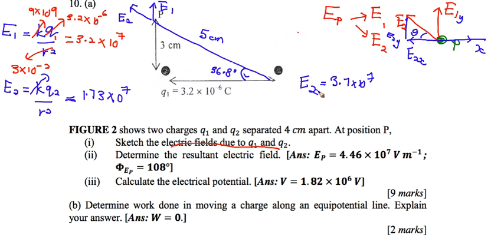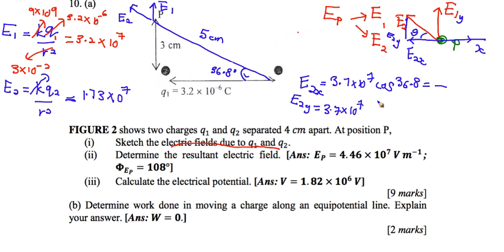This is E2x, sorry. You must use cos theta, where theta is 36.8 degrees. You can use the calculator here for your calculation. Or you can use E2y is equal to 3.7 exponent 7, resolved to the y.